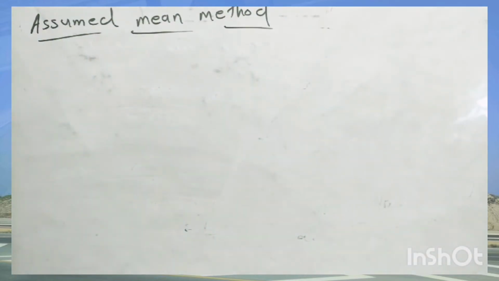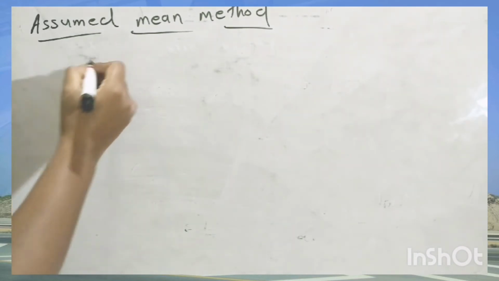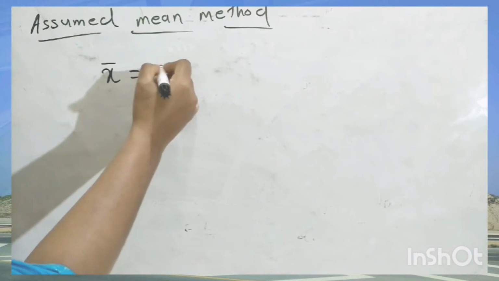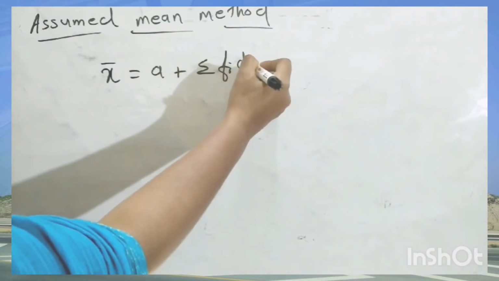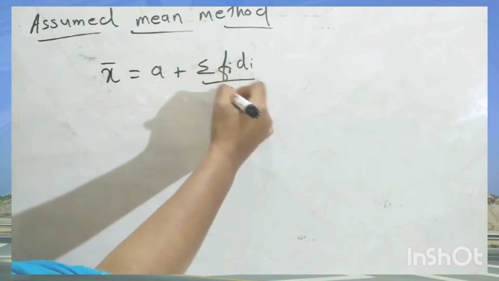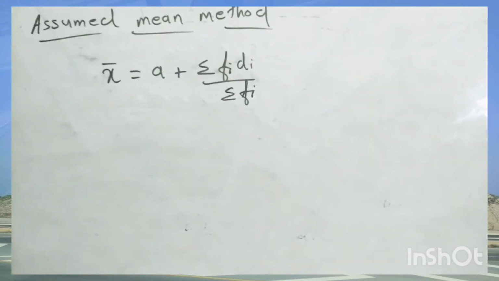Okay, so the formula in this case, that is x bar is equal to a plus summation fi di divided by summation fi. In assumed mean method, the mean is equal to a plus summation fi di divided by summation fi. Okay, then what is this a and what is this d?